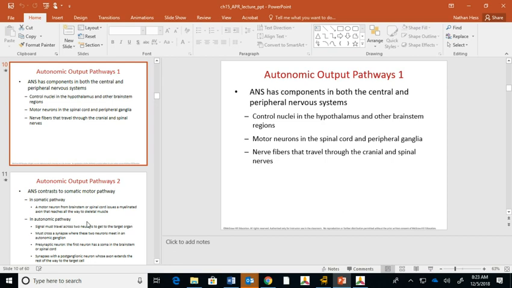From the central nervous system, from the brainstem, we're sending a signal out, and then we have a synapse that happens. And those synapses are what we call ganglions. We've used this term a couple of different ways for different places in the nervous system. And then there is a postganglionic fiber that goes to whatever organ or effector we're trying to affect.